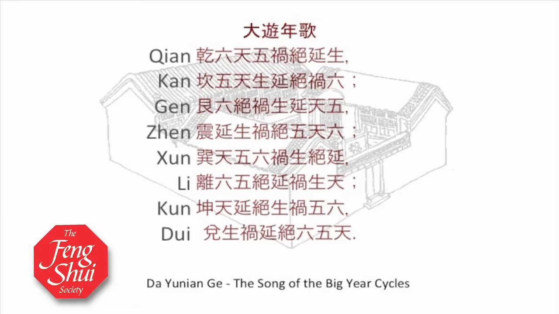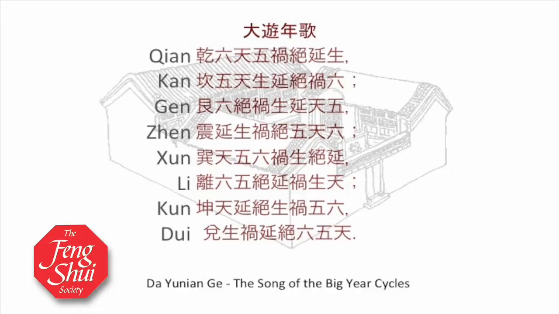Now, in this part of China, the Da You Nian Ge, or the song of the big yearly cycles, is a Bazhai, eight house formula to locate the direction of the eight wandering qi: the Fu Wei, the Sheng Qi, the Tian Yi, the Yan Nian, the Jue Ming, the Wu Gui, the Liu Sha, and the Huo Hai in the house.